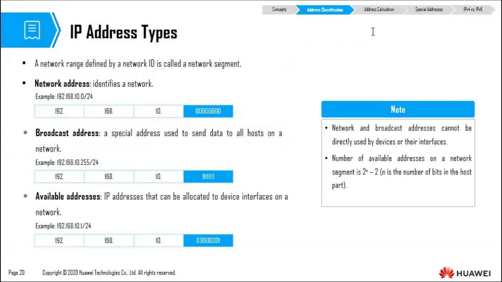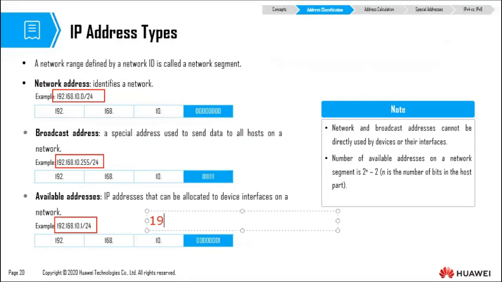So you can see that this is an example of the network address. This is the example of the broadcast, and you can start assigning from .1. Are we together? You can start assigning from .1 all the way to what?